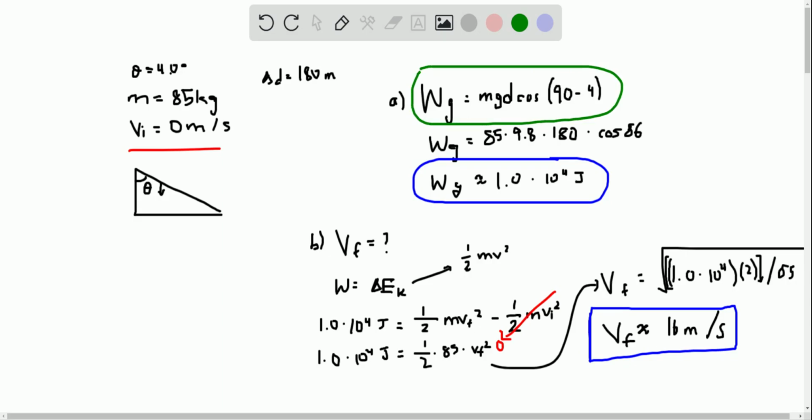So the equation for work done by gravity, and then the equation for how work is equal to the change in kinetic energy. So basically those are the three main steps: finding the information that you're given, drawing a diagram if necessary, and most importantly, arguably most importantly, finding the equations to plug your values into to figure out what you need to solve for.